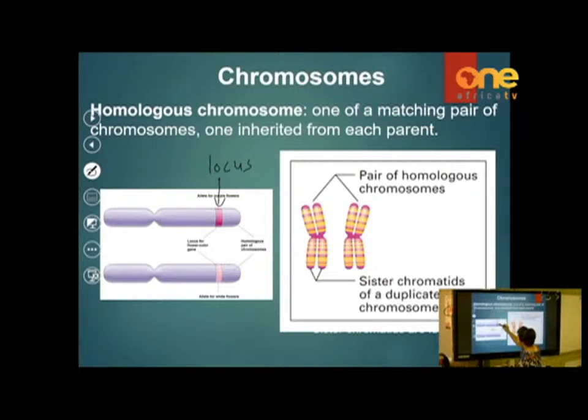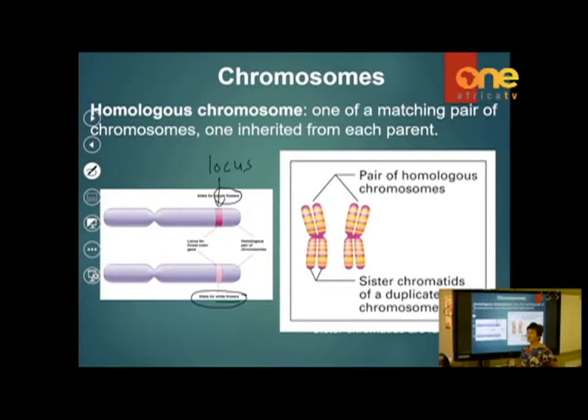This is a gene for the color of the flower. On the homologous partner, I find the gene for the color of flowers. So this is telling me it's a plant chromosome. You agree? Now, on the one, it says purple flowers, and on the other one it says white flowers.